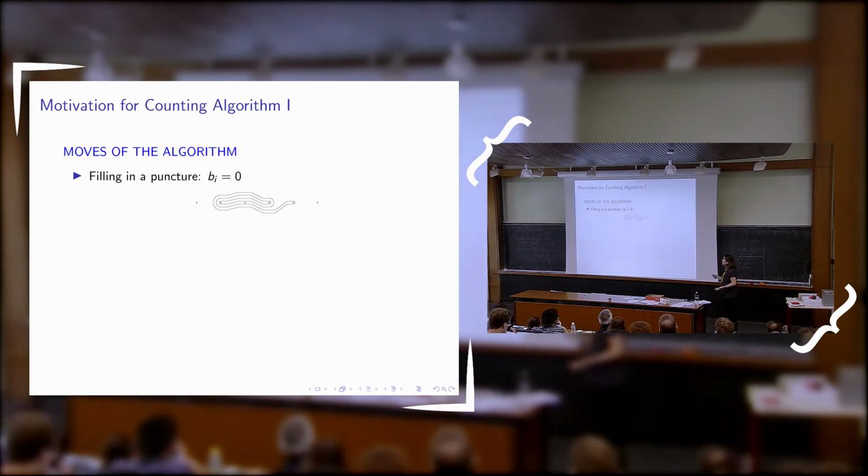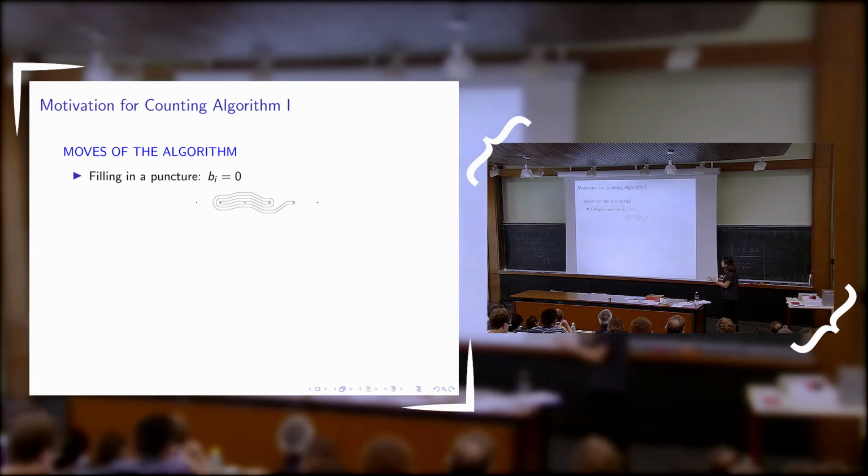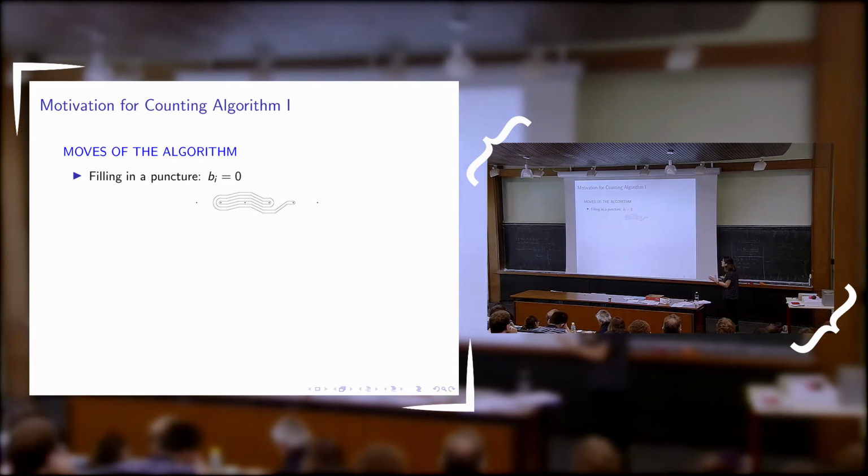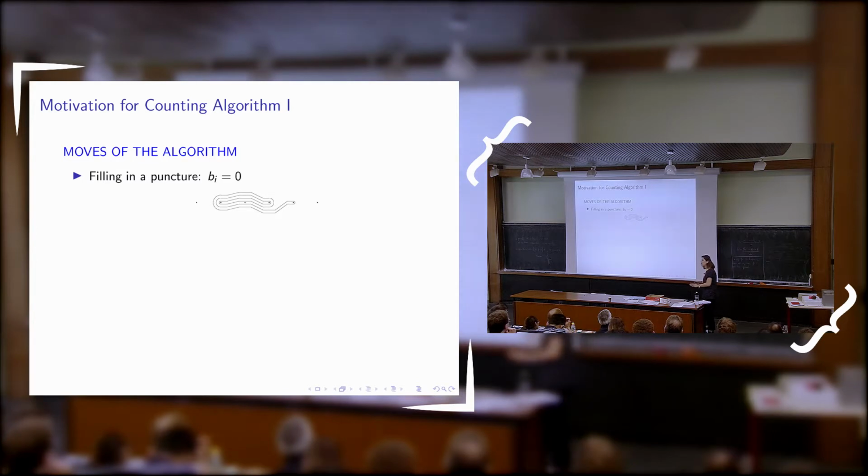So filling in a puncture: this move is applied when there is a puncture with no loops around it. This is a multi-curve on the 6 times punctured disk, and you can see that there is a loop around the second puncture, but there is no loop around the third puncture. If there is a puncture where you don't have any loops around, you can erase that puncture.